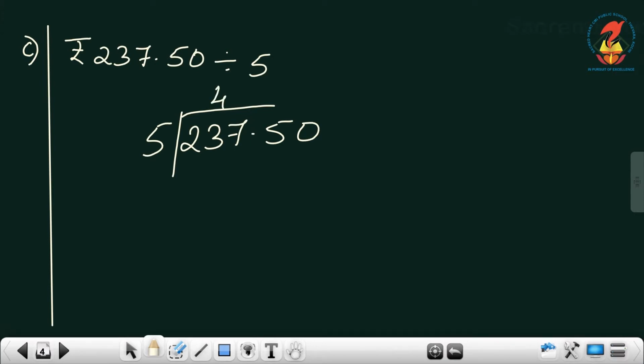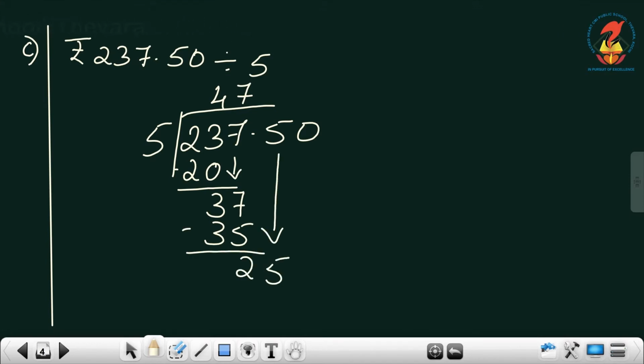Above 3. You should write it above 3. 3 is the last digit that you have taken now. So 4 5s are 20. When you minus, you get 3. Bring down 7. Find a number less than 37 in 5 table. Yes, 7 5s are 35. When you minus, you get 2.